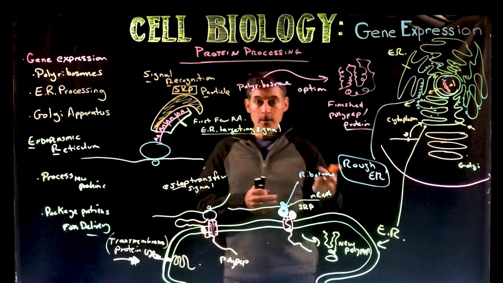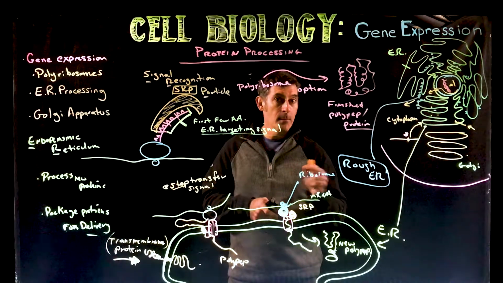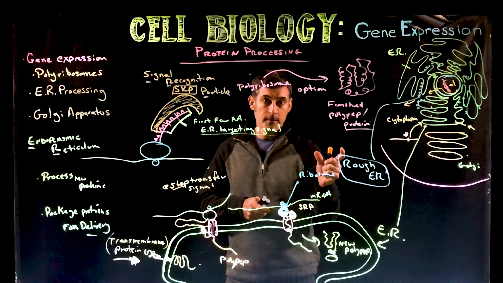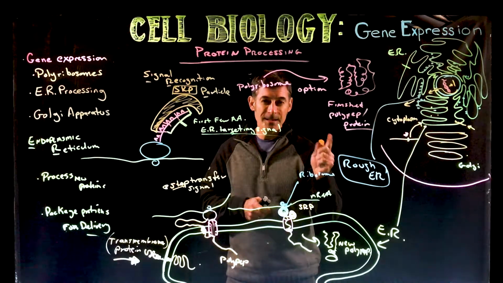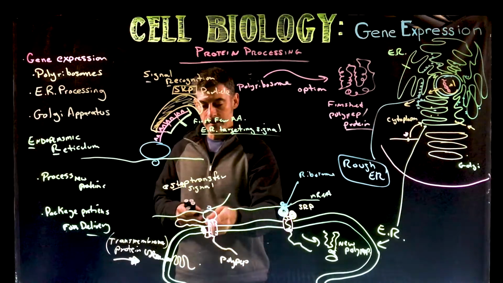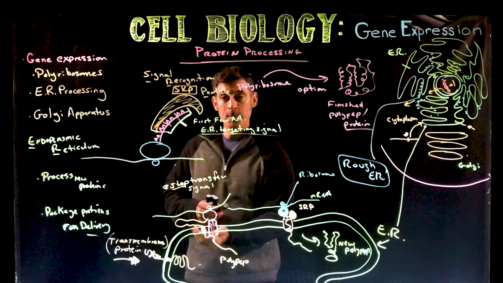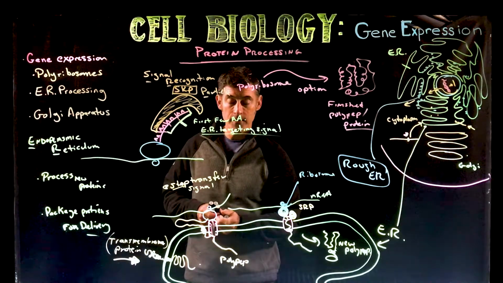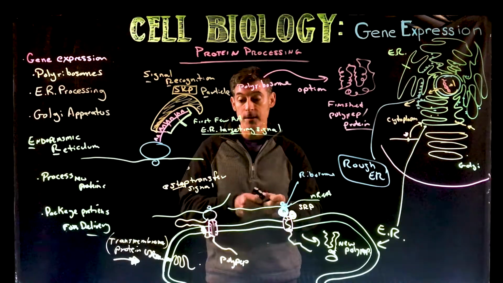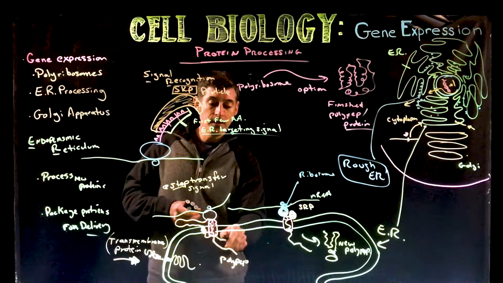or the process may stop. We also talked about multi-pass transmembrane protein. So if you remember the receptor that interacted with a G protein, that particular protein was a 7-pass transmembrane protein. So what that means is for it, there was a stop transfer signal that stopped the transfer, and then part of it was built then out here in the cytoplasm. There could then be later on down the line a start transfer signal again, and so now it's being pushed back into the ER.